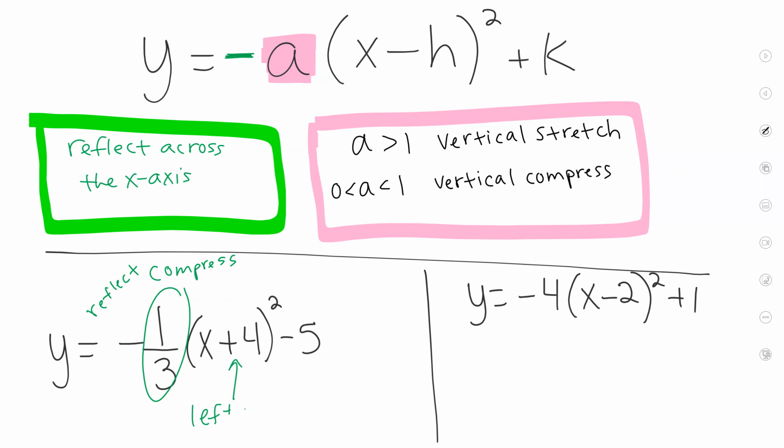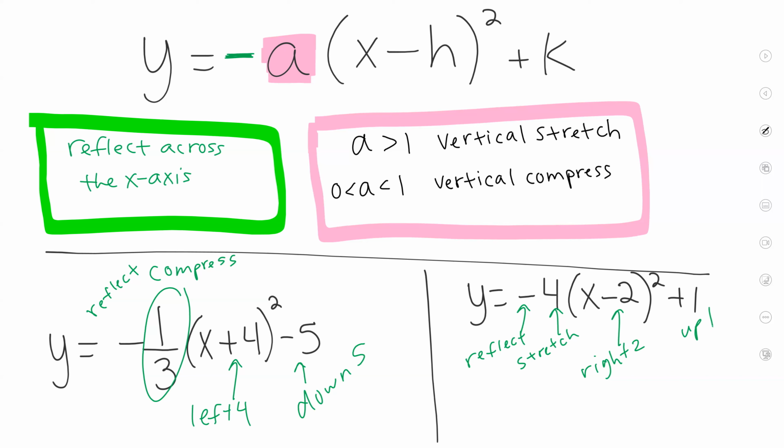Left 4, and this went down 5. Good. Let's do one more. I have a negative, so that will be reflection. I have a 4, so it'll be a stretch, a vertical stretch. Yep. Right 2, up 1. All right, so that's how we do transformations.